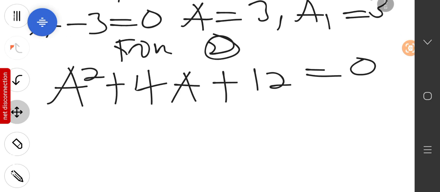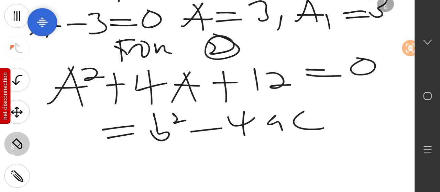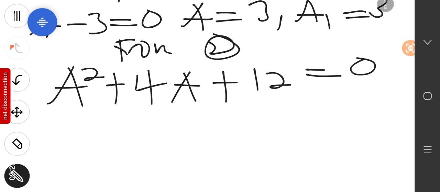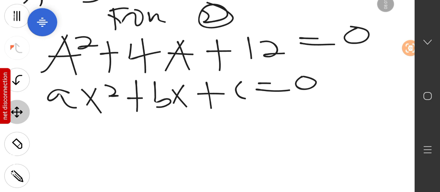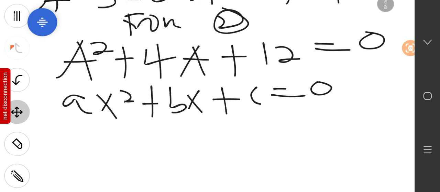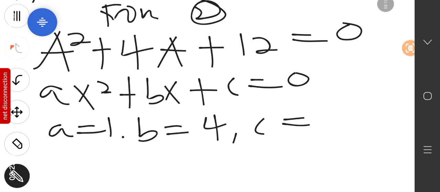Let's use the discriminant to check our equation. We know that delta equals b squared minus 4ac. Before we apply the formula, let's state ax squared plus bx plus c equals 0. Comparing, we discover that a equals 1, b equals 4, and c equals 12.